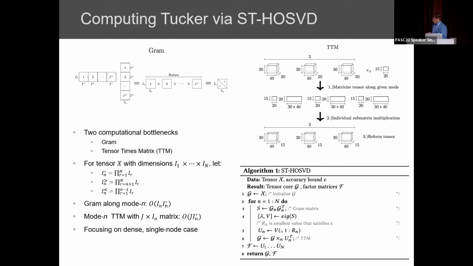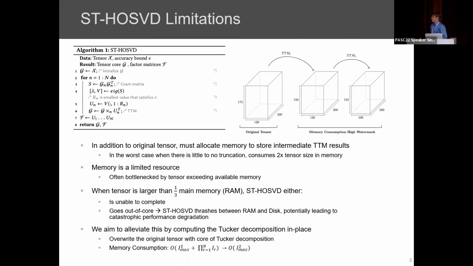Let's quickly go over some limitations of the ST-HOSVD to see where we might try to make some improvements. In addition to the original tensor, we must allocate memory to store the intermediate TTM results, because each intermediate core of the tensor will be used at subsequent iterations of the algorithm. For example, here we have our original tensor, we do our first TTM, this is the first core, and in the next iteration we use this core to compute the second partial core.